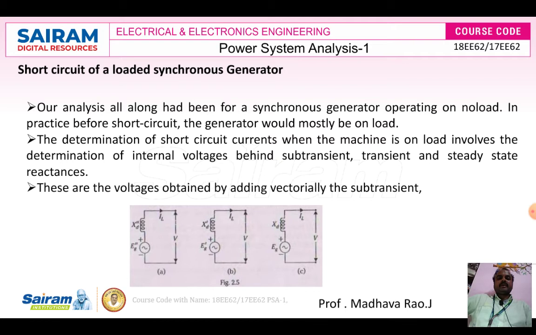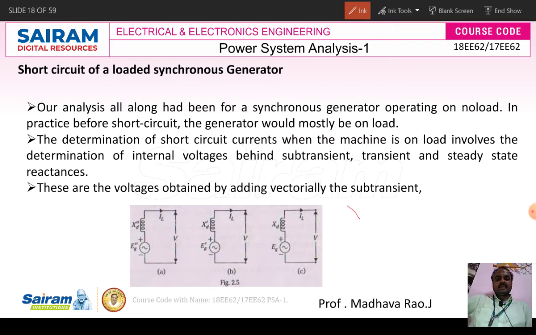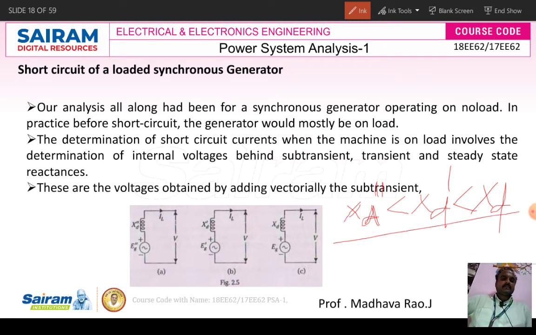Here I will show the relation: Xd double dash is less than Xd dash, which is less than Xd. So Xd is the largest. This is how the reactances will be.